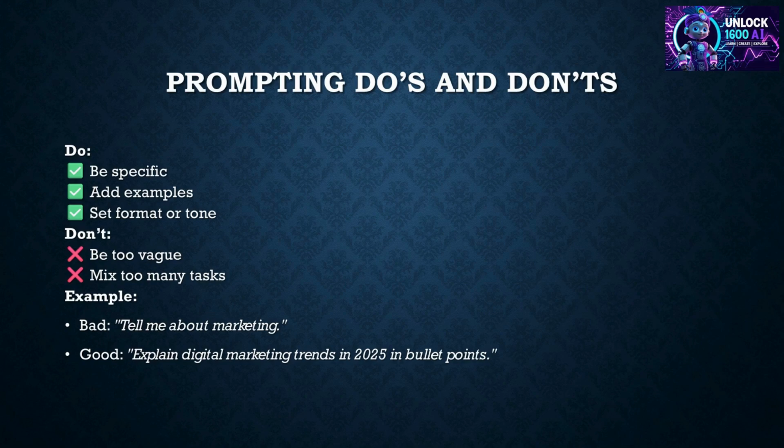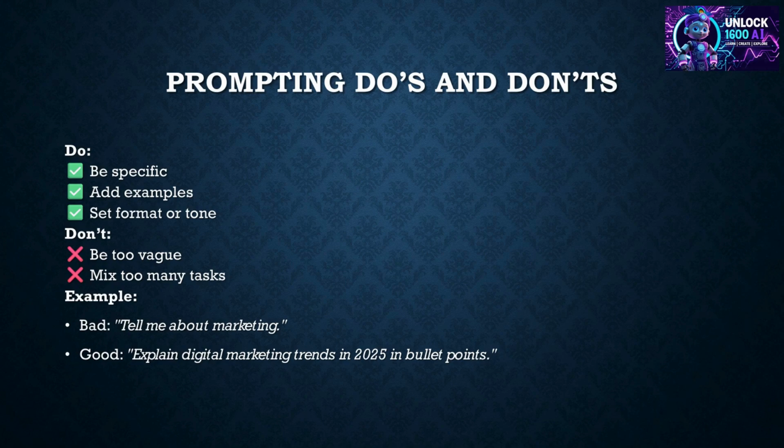So here make sure you are following these rules or instructions, because if you follow these instructions in every prompt, it will help you to get good, accurate results, and it will save you lots of time. Okay, so the do's: be specific. If you are writing a prompt, be specific.